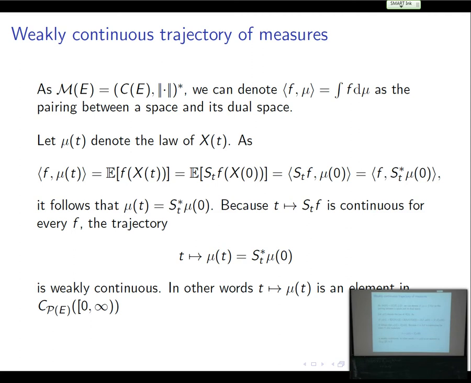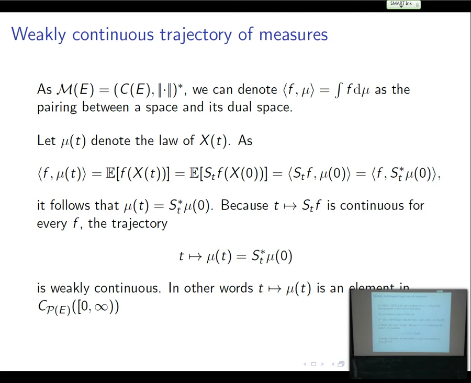Okay, but first, some things that are important in this setting. The space of Radon measures on my space E is, of course, the continuous dual of the space of continuous functions. And I denote, as before, <f, mu>, the dual pair between these two. I denote with mu_t the law of X_t, and then I have the following equalities.